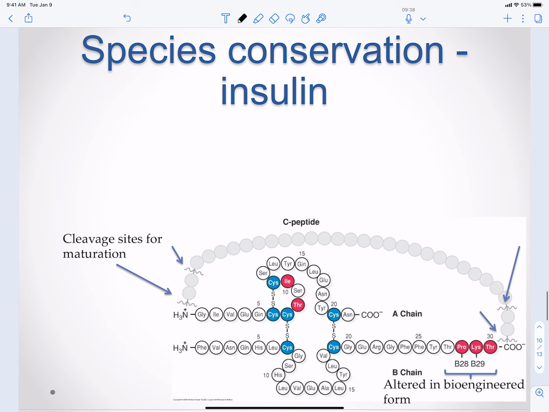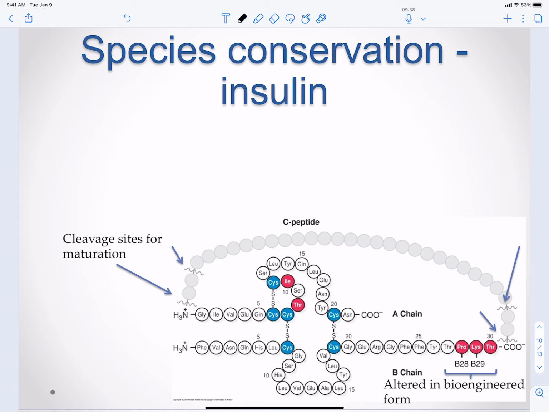Now we also have species conservation with respect to insulin. Insulin is highly conserved. For example, you can have bovine insulin, which was used by diabetics before we had recombinant human insulin.